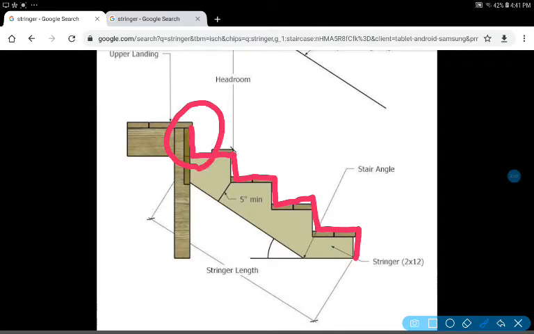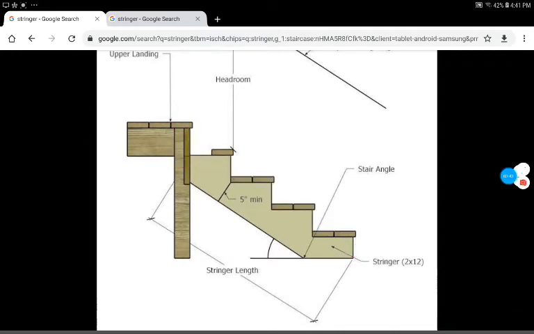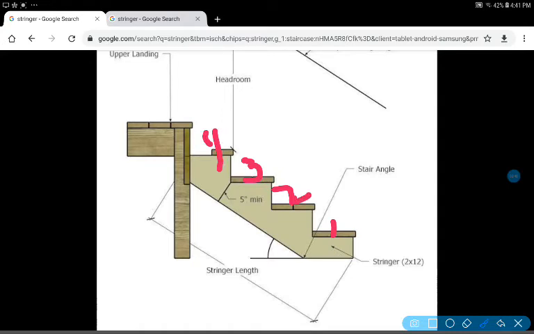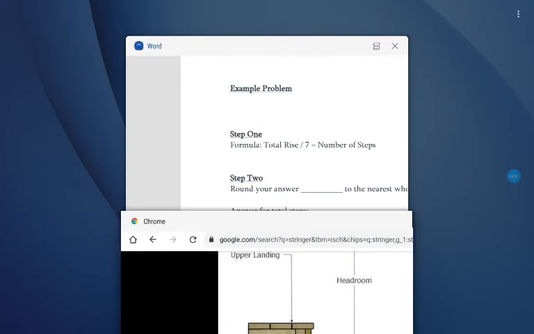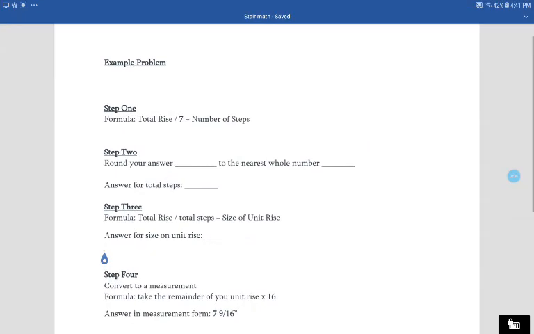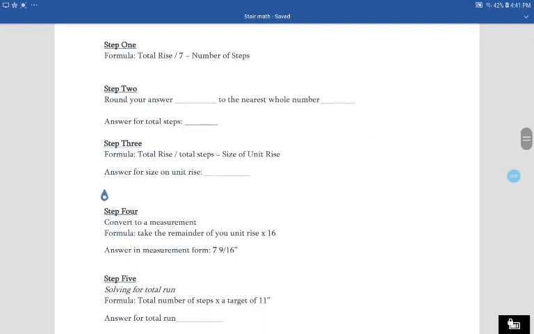So typically the actual stringer only has 4: 1, 2, 3, and 4. So just something to take note of. So back to here. In this case, the total number of steps is 15, but in the actual stringer there'll be 14. Again, it's just one less.